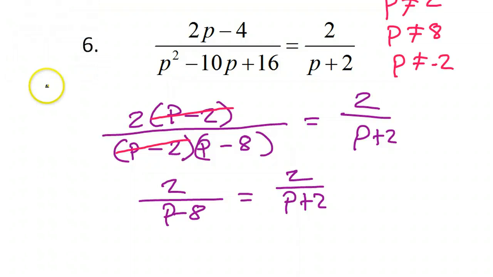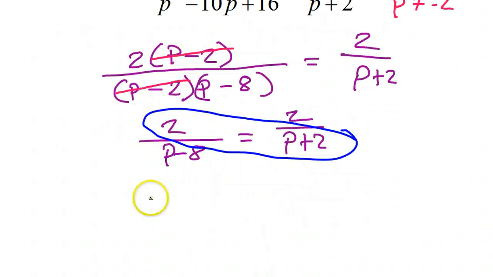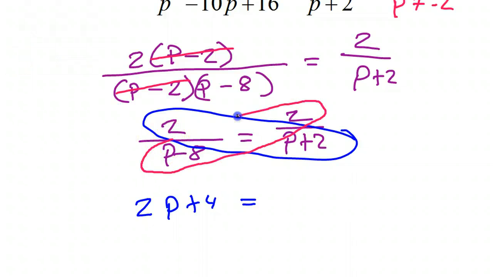So when I cross multiply, it's going to be like this. Don't forget to distribute. So this will be 2p plus 4, alright, I'm distributing, is equal to, and here I'm going to distribute the 2 as well, so that'll be 2p minus 16, 2 times p and 2 times negative 8.